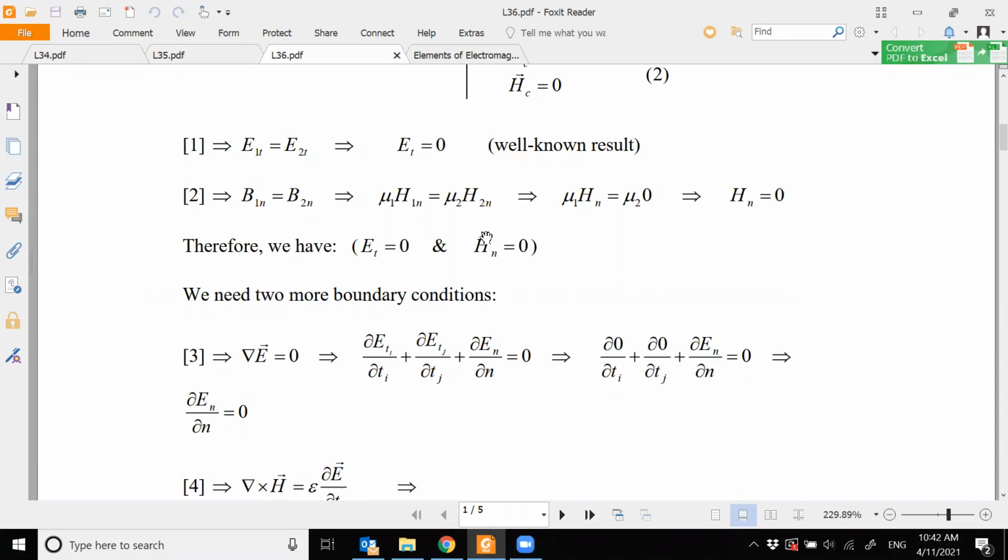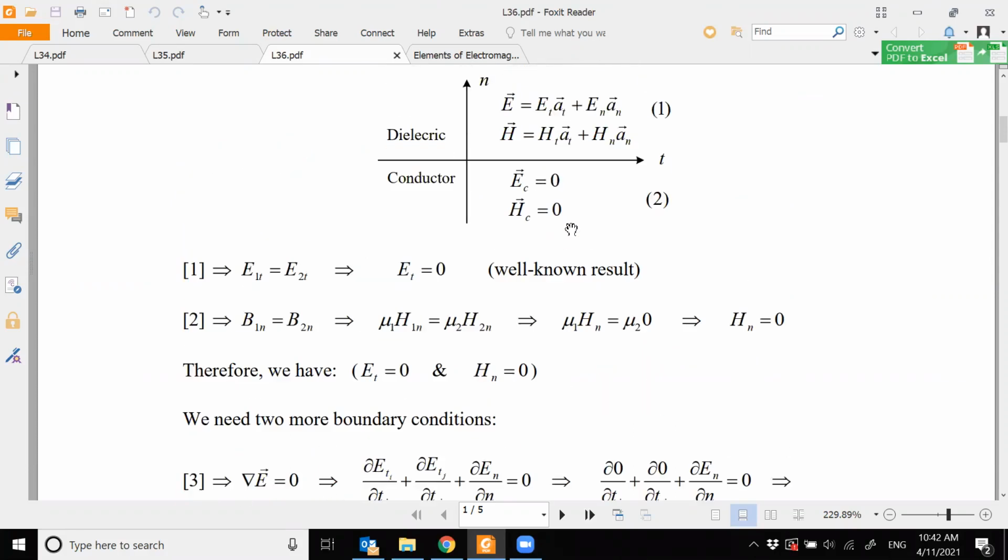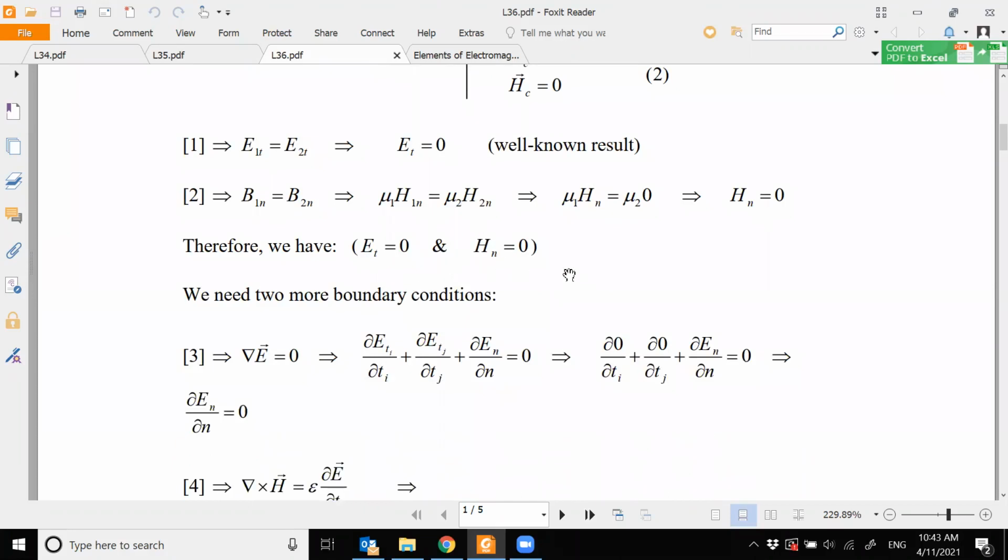And I'm not using 1 and 2 here because this is for the conductor, and I'm not giving 1 because we have only one electric field and one magnetic field. But now these are the two boundary conditions. However, for our rectangular waveguides, these two boundary conditions are not enough for us.